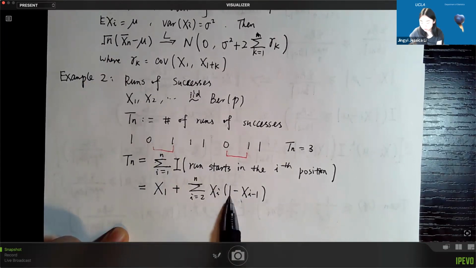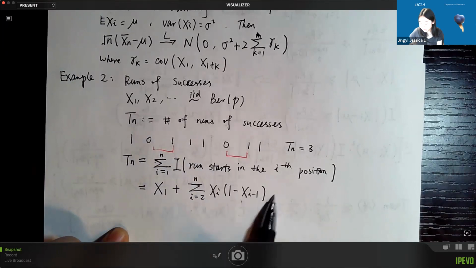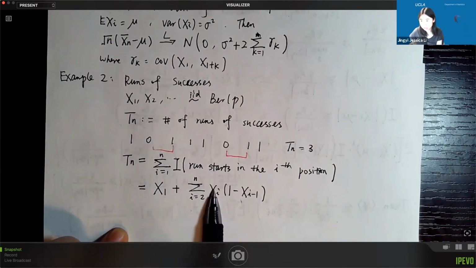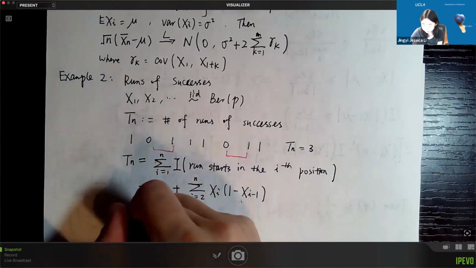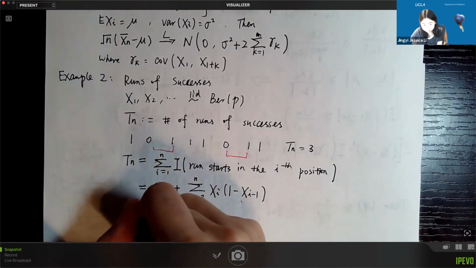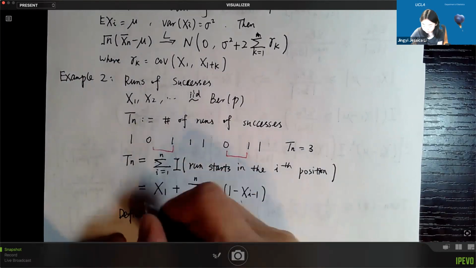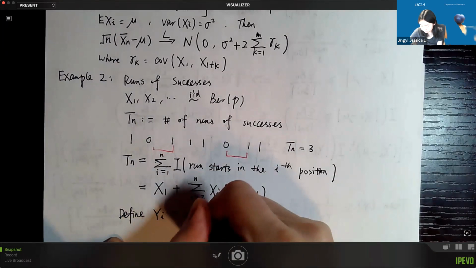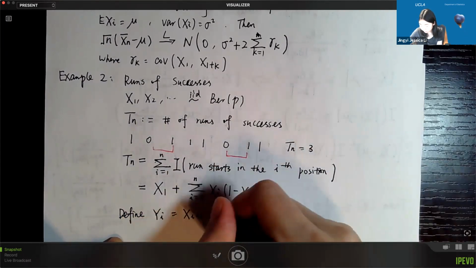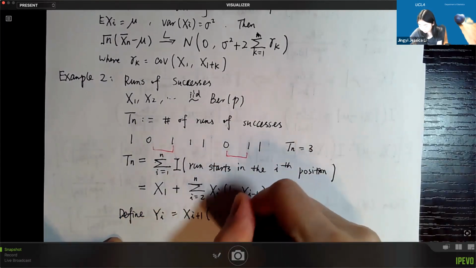So in order to use the theorem, we need to define each term in the summation to be a random variable in our sequence. So we define yi equals x_{i+1} times (1 minus xi).